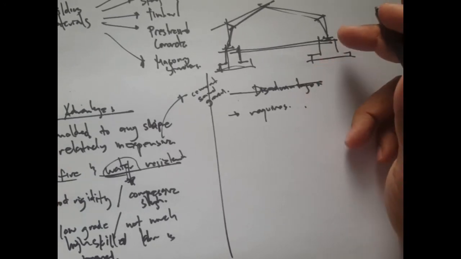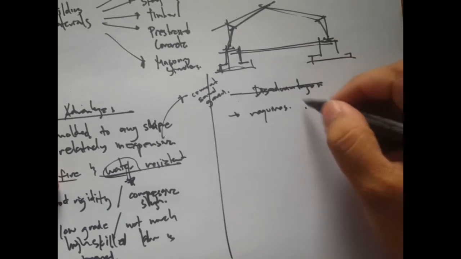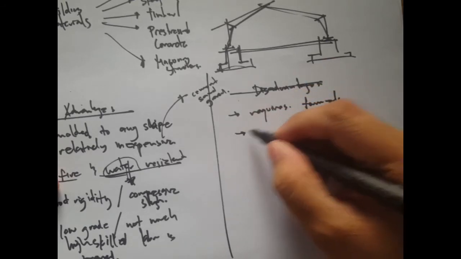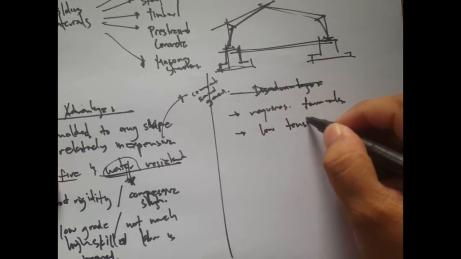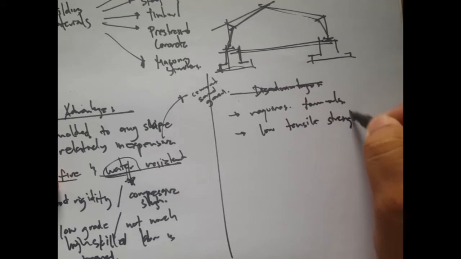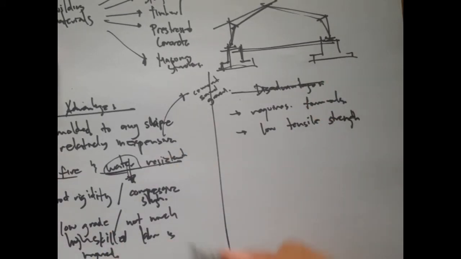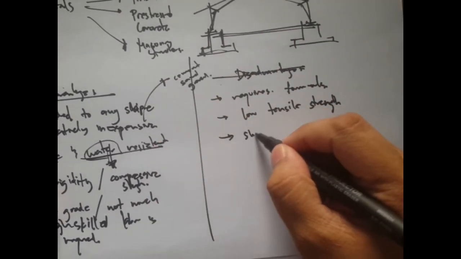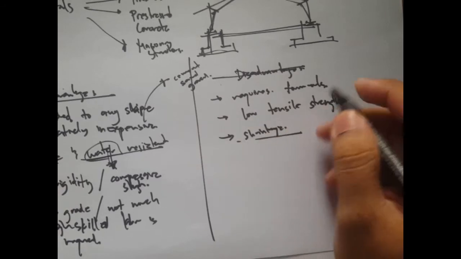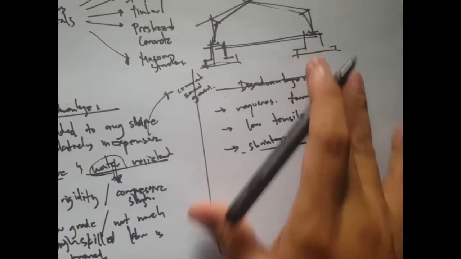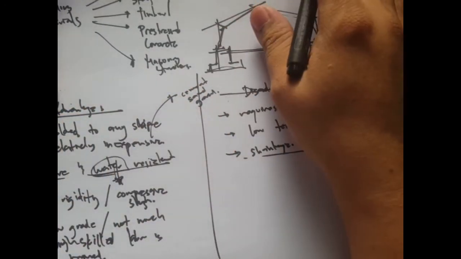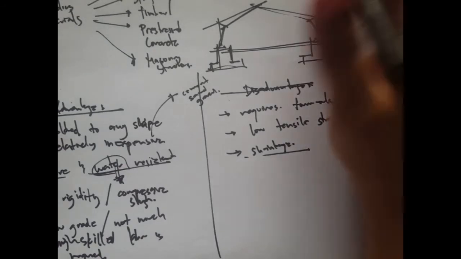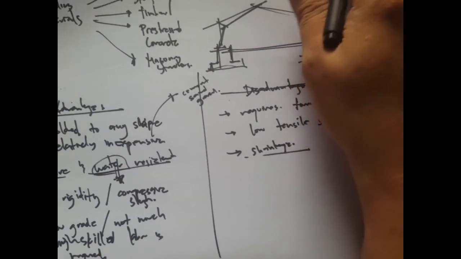So probably that's the downside in terms of time. It requires formworks. Relatively low strength, low tensile strength. So it's good in compression, but the tensile strength is not. And it also undergoes shrinkage. There are probably still other reasons, but so far I guess you already have a good understanding of this concrete material.